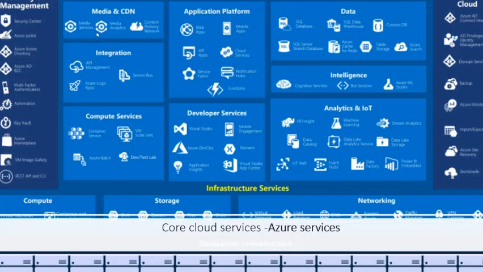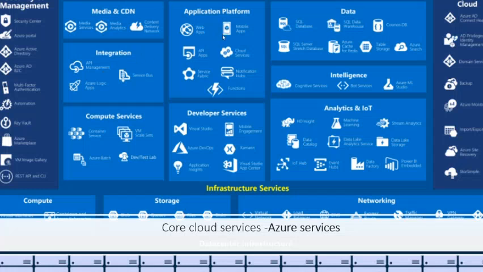You see here media and CDN: media services, media analytics, and content delivery network. If you know, content delivery networks are used for, let's say, video streaming websites. So your content is delivered near to your customer, so that they can use it and have a good experience.